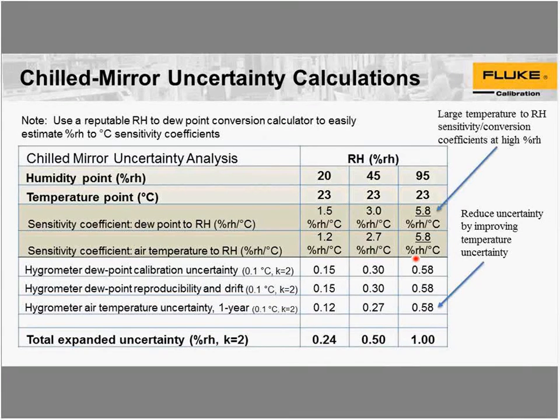I get 0.4 times 2. Oh, I see. Okay, that's good. I think what happened there is we didn't get that out to k equals 2, so that should be 0.48 where it says 0.24. All right, good catch. Thank you. We'll get that updated.